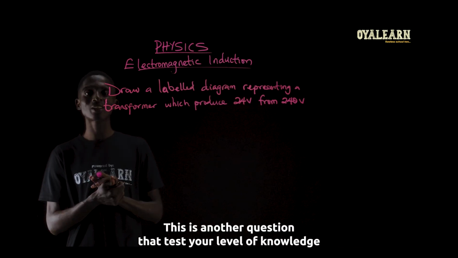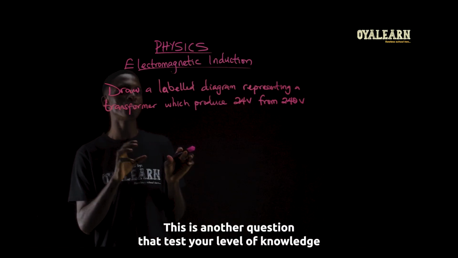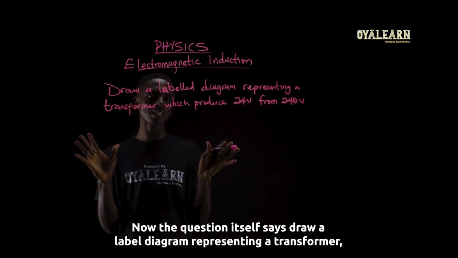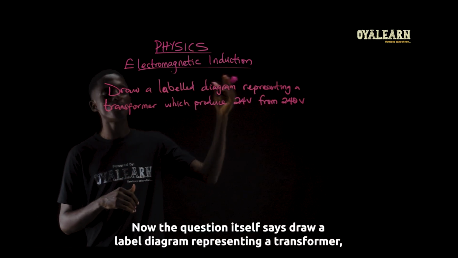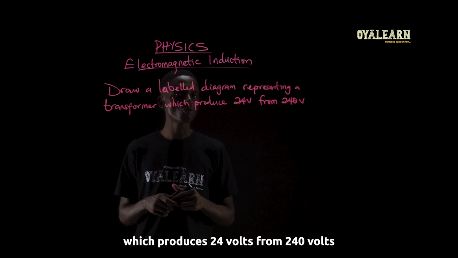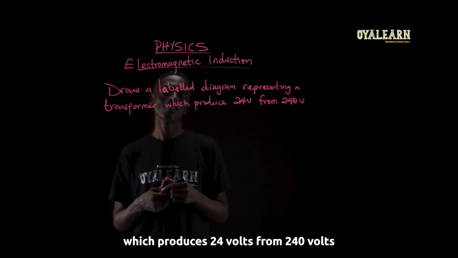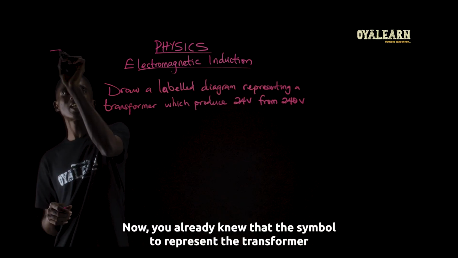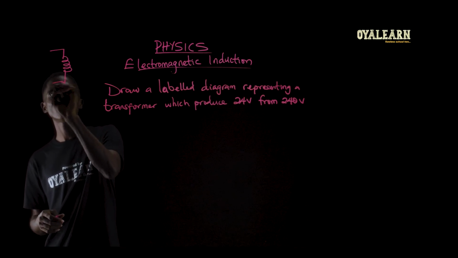This is another question that tests your level of knowledge in understanding how a transformer works. Now the question itself says, draw a labeled diagram representing a transformer which produces 24 volts from 240 volts. Now, you already know that the symbol to represent the transformer looks something like this, okay?